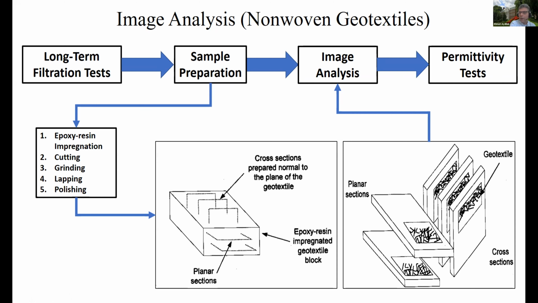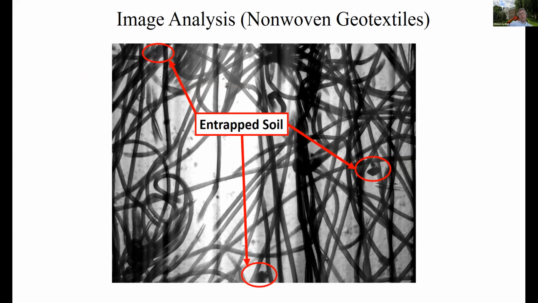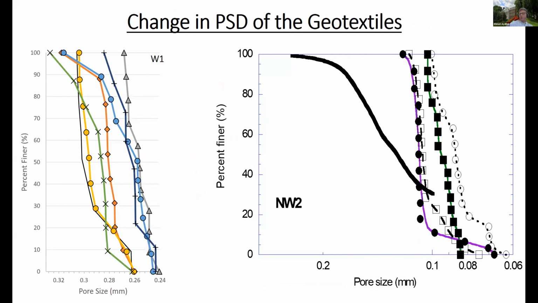And you can see one of the textile images here where you can see the entrapped soil particles, which helps us with qualitative observation. Then we can quantify these to come up with the pore size distributions. For instance, if you look at the non-wovens, the dark black line is the pore size distribution of the virgin geotextile.